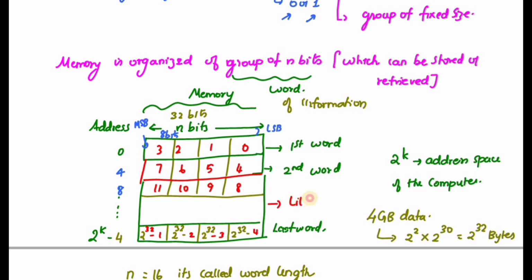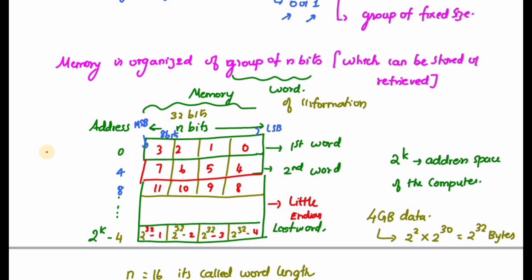This is called little endian assignment. Here also you can see the addresses take successive words in the memory of the computer, which is of 32-bit word length.